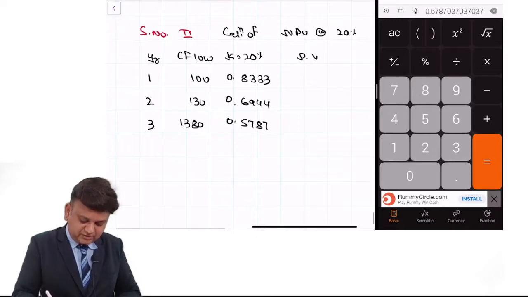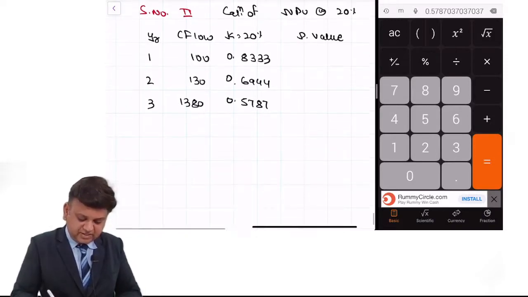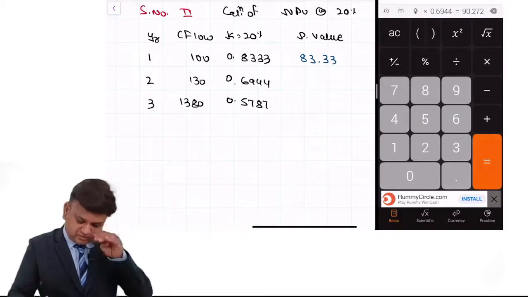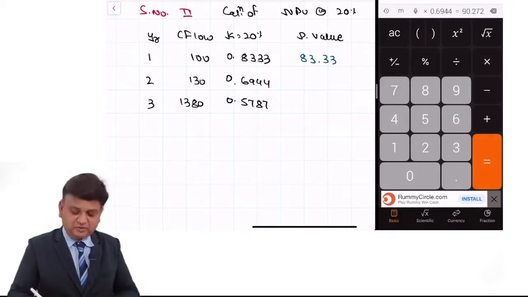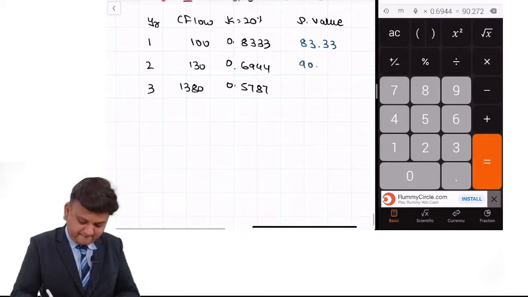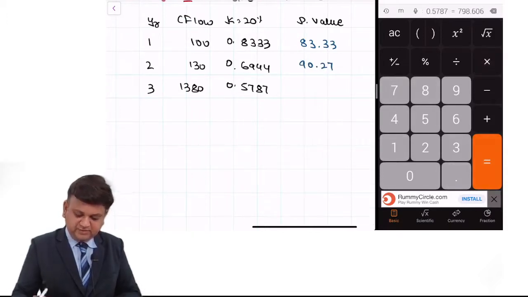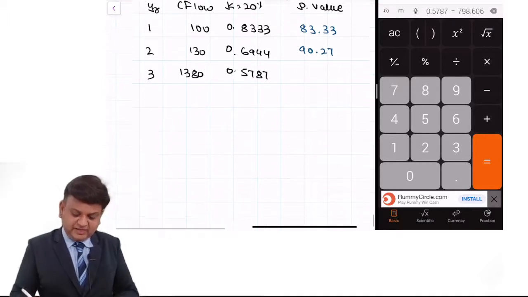Based on that, present value: it is 83.33. Then 130 into 0.6944, 90.27. 1380 into 0.5787, so 798.61.